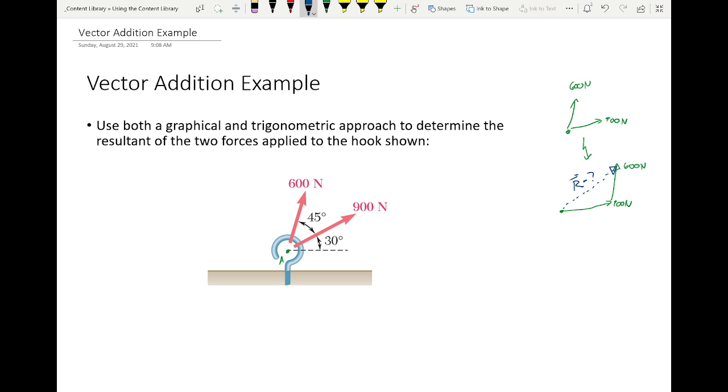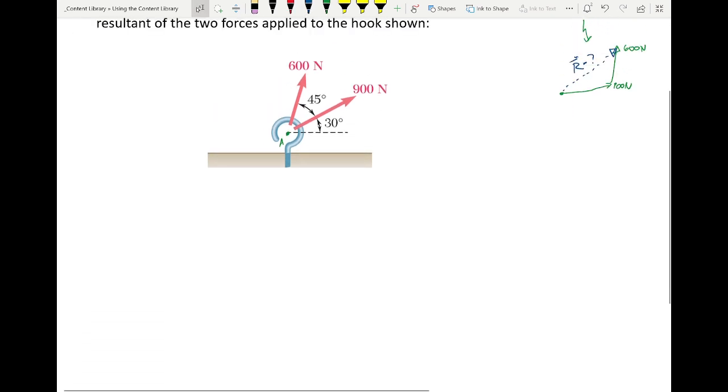Let's do a little bit cleaner images, if you will. Let me expand this a little bit. This is going to require a little bit of artwork on my end. So let's start off here. We'll draw a small coordinate system right there, and I'm going to try to draw this to scale.